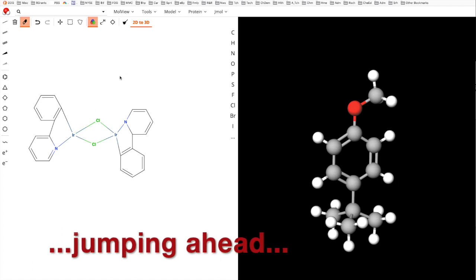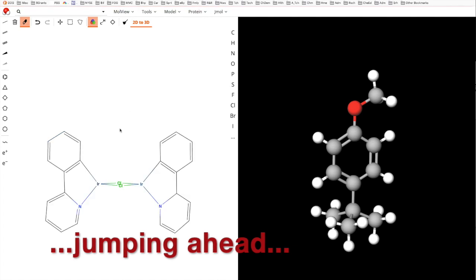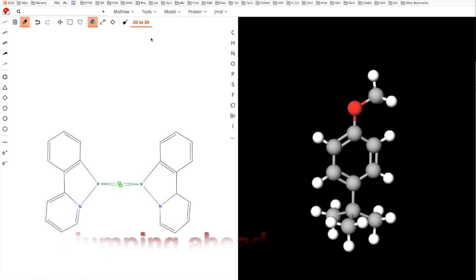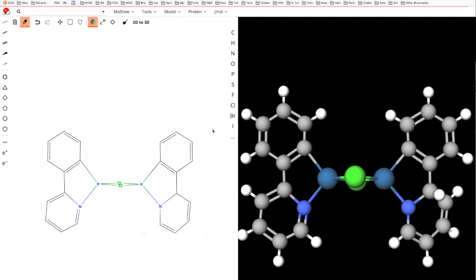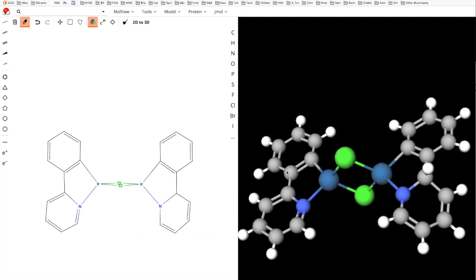So this is a structure. Let's clean it up and then create the 3D model. Here it is right here.